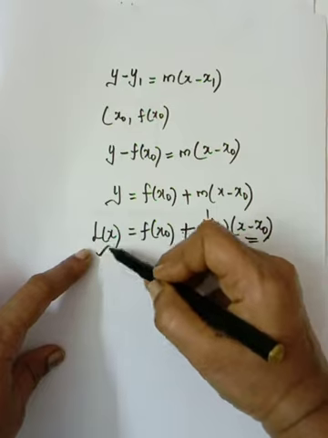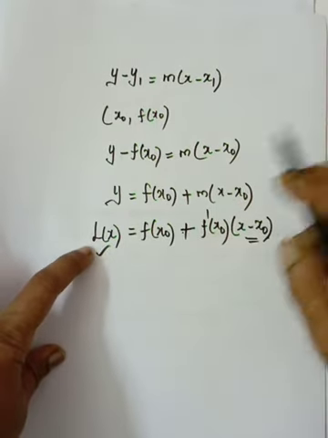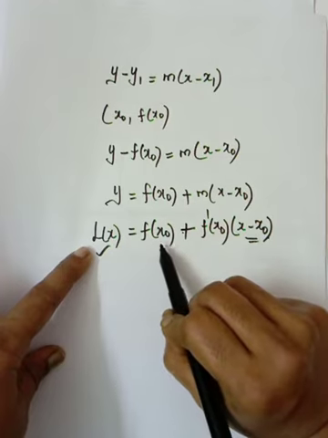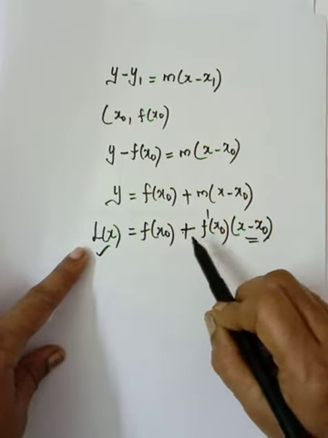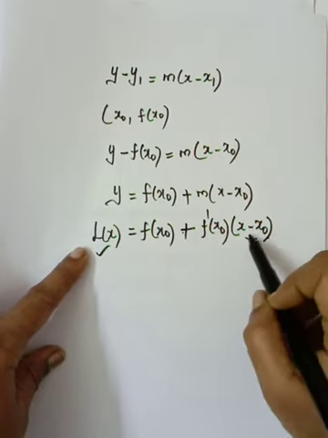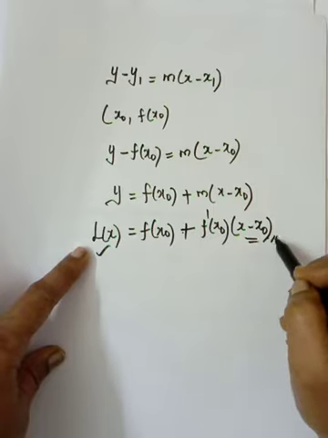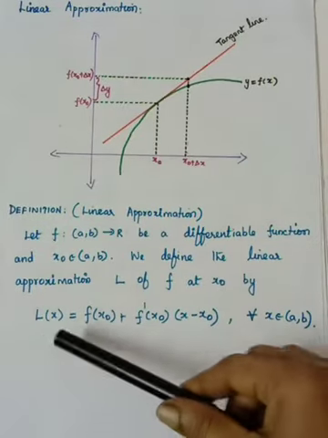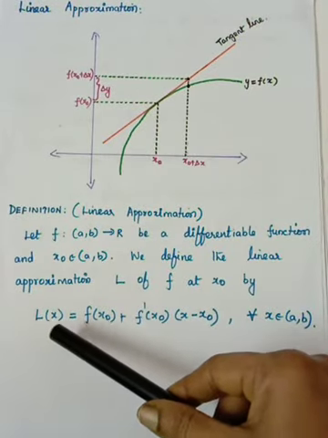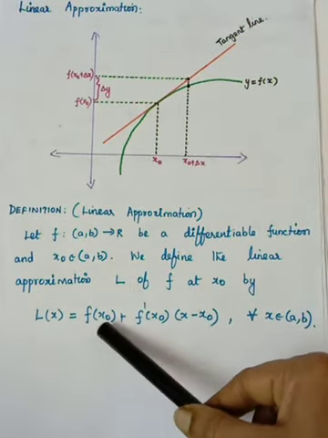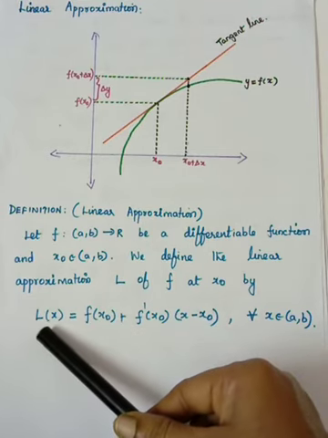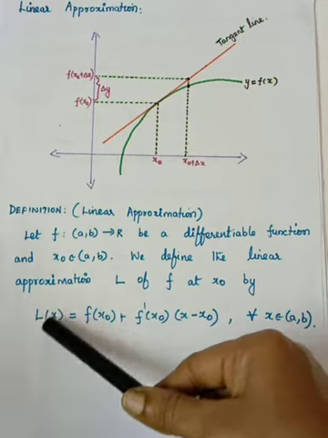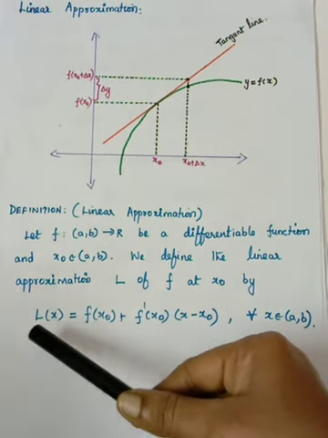The linear approximation of the function at x naught can be written as f of x naught plus f dash of x naught into x minus x naught. This is the formula to find the linear approximation of the function at x naught. That is denoted by L of x, which is y in terms of x.